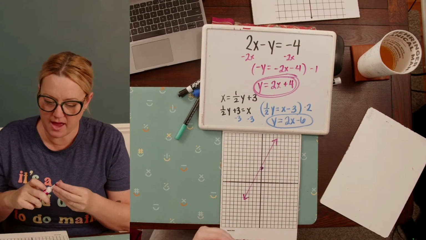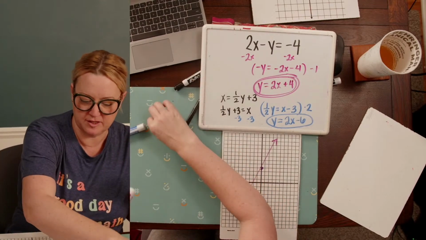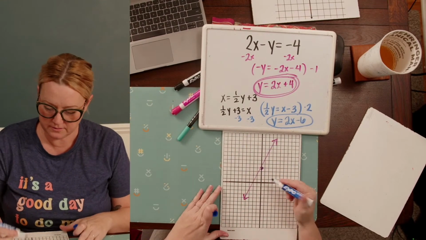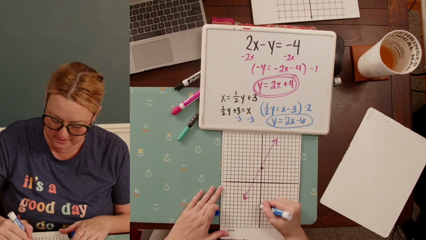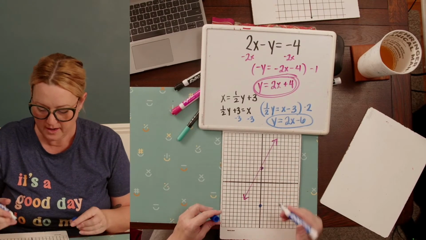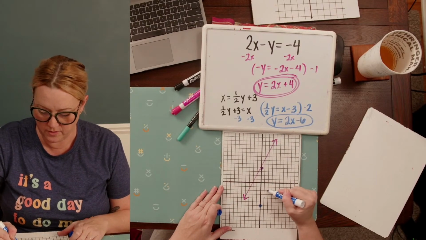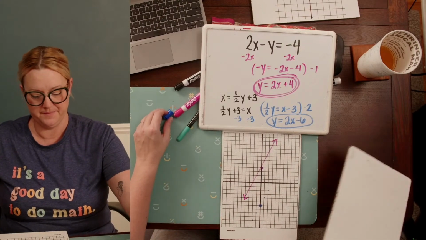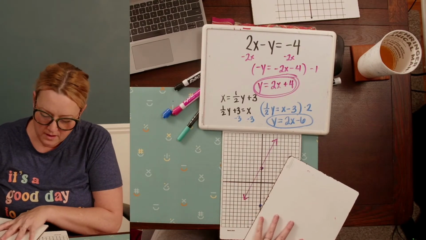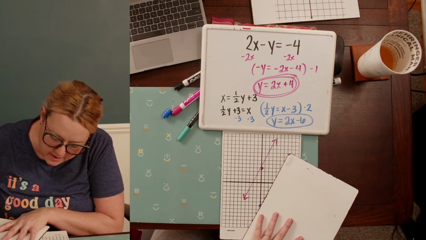And then we've got 2x minus 6 here. So we've got 1, 2, 3, 4, 5, 6 is here. And then up 2 over 1, up 2 over 1. So I can make a bunch of these little things here. Okay. So I've got this one.